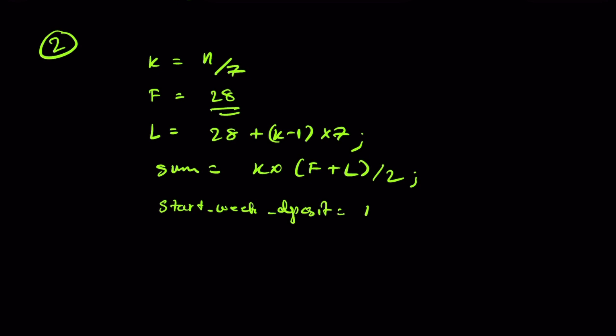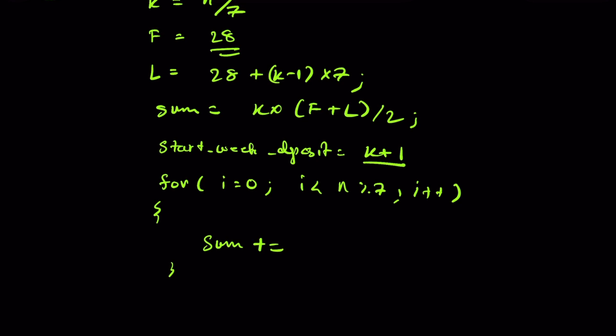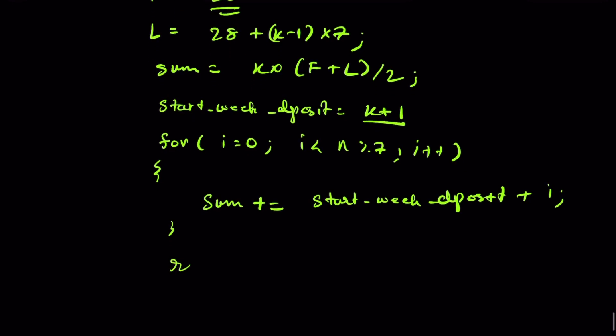That will be k plus 1, and we can then iterate a for loop for i equal to 0, i less than n modulus 7, because we need only the last week, and i plus plus, and then just add the value of start week deposit plus i into the sum. Then simply return sum. This will give you the answer.